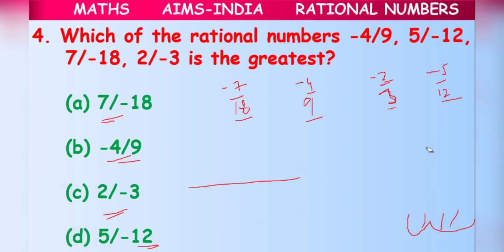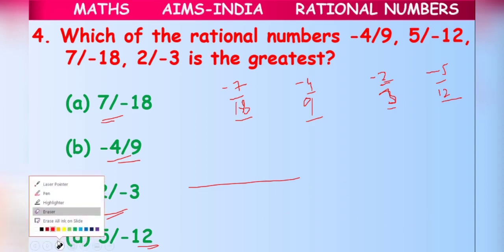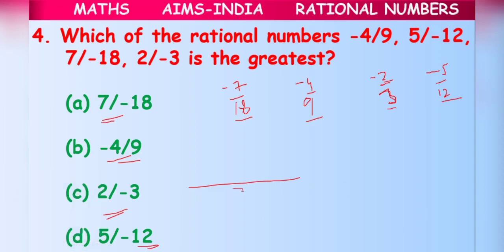Actually children, the LCM is 72, because 18 4s are 72, 9 8s are 72, 3 2s are 6, 3 4s are 12, 12 6s are 72. LCM is 72, children.